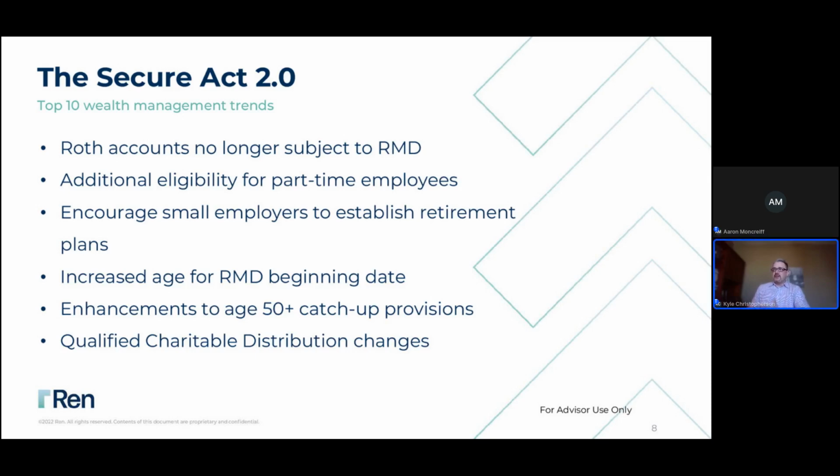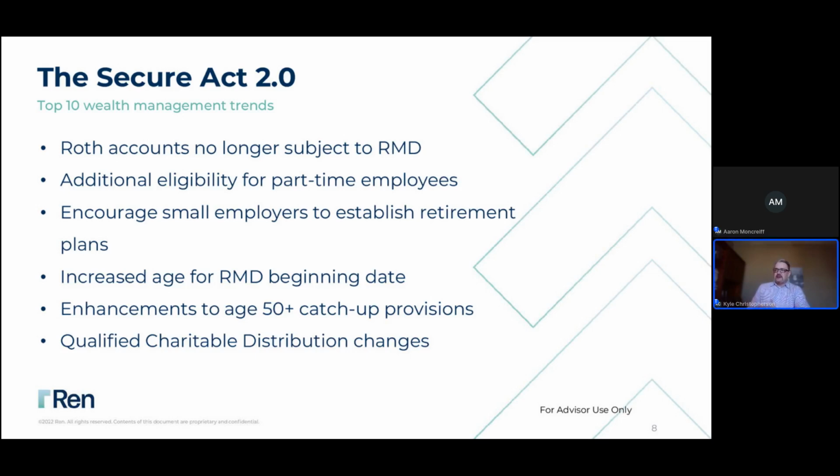For those of you that are not familiar with this provision, what this does is enable clients to gift up to $100,000 from their IRA directly to a charitable organization as long as they're at least 70 and a half. When this was originally enacted way back in 2006 with the Pension Protection Act, that's what the limit was. It was $100,000, and it has never changed since then.